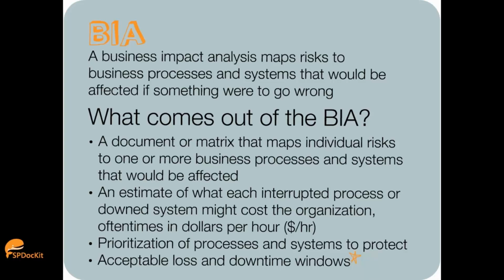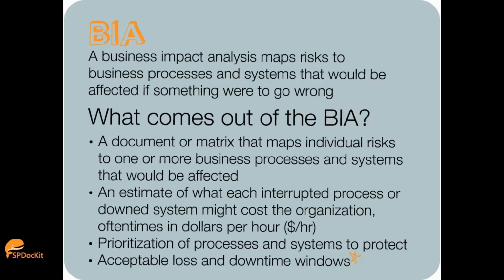And when we can get to dollars per hour of downtime, that helps us to prioritize which systems we want to protect and which processes are critical to our organization. Because naturally, if we have a process that's costing us 10,000 US dollars per hour of downtime, we're going to prioritize that more highly in terms of protection and resource than we would perhaps something that's a tenth of that. So it helps from a prioritization perspective.